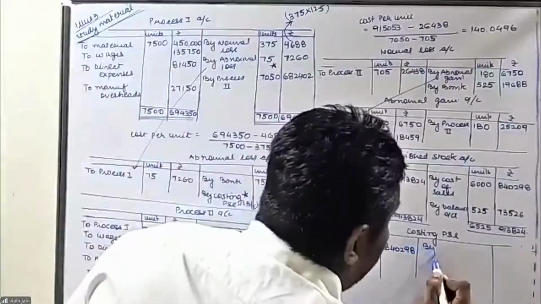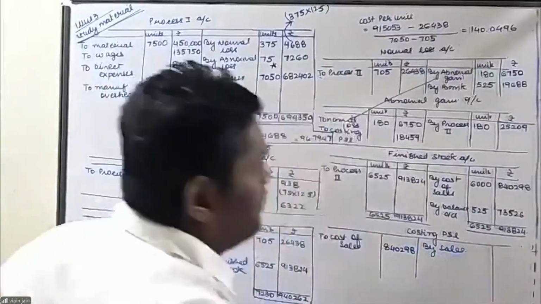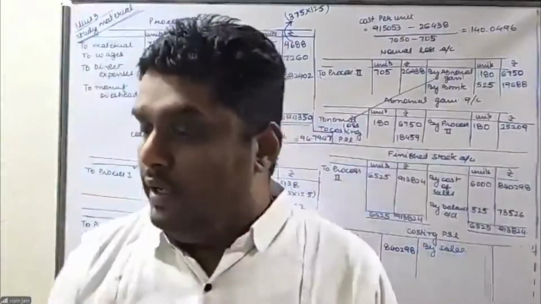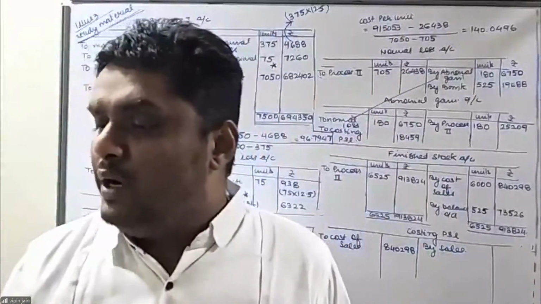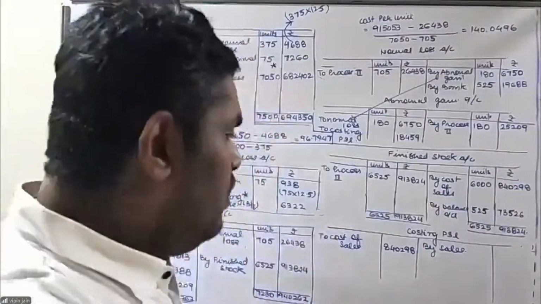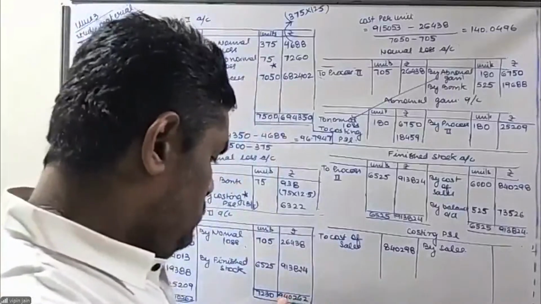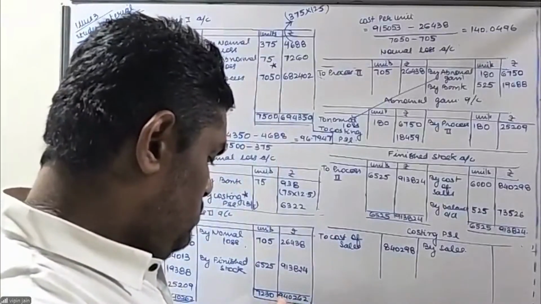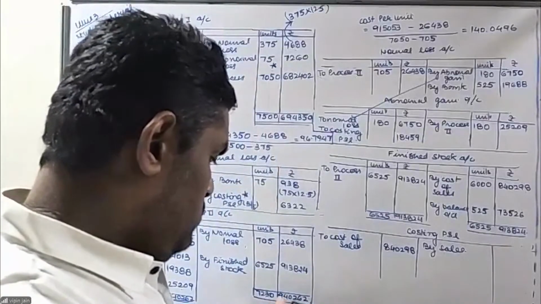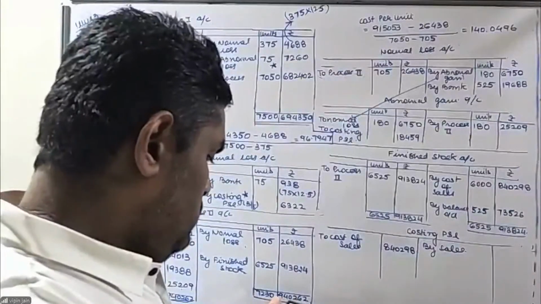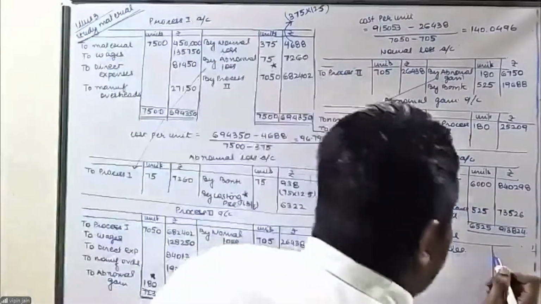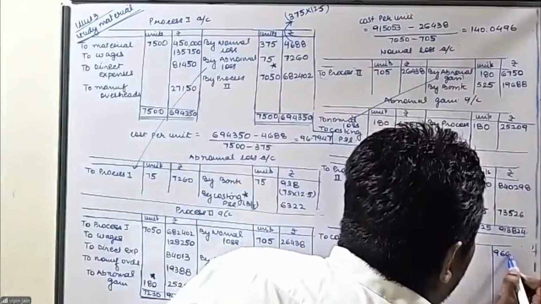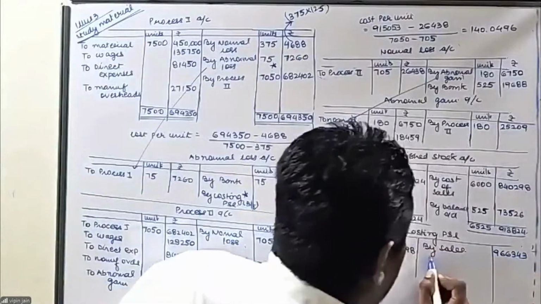By sales, it is given that these units are sold at a profit of 15% on cost. So this will be 966,343.